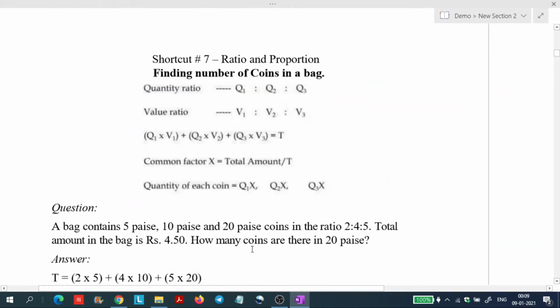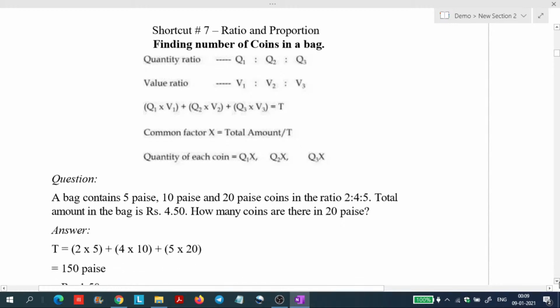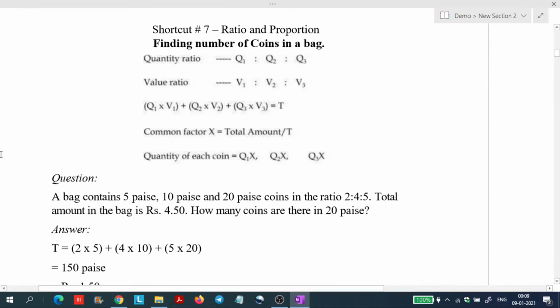So next trick, finding the number of coins in a bag. In this trick we have quantity, ratio and value: q1 v1, q2 v2, q3 v3.